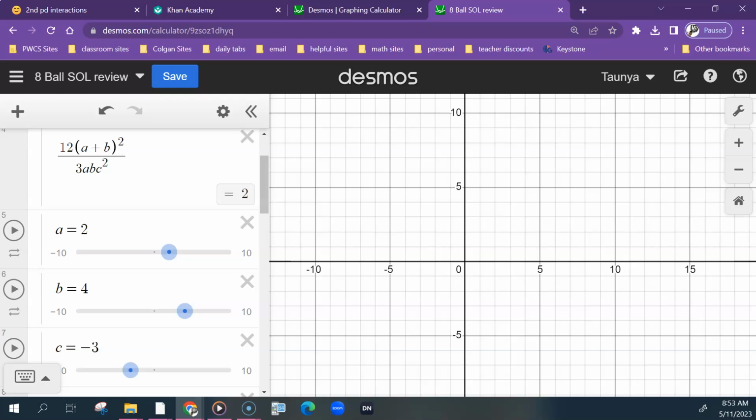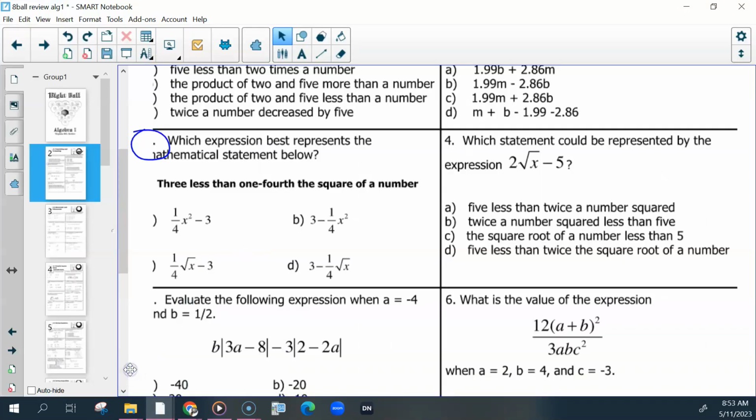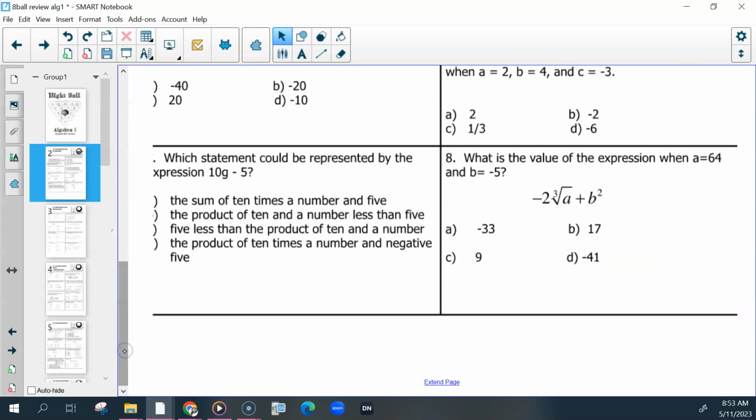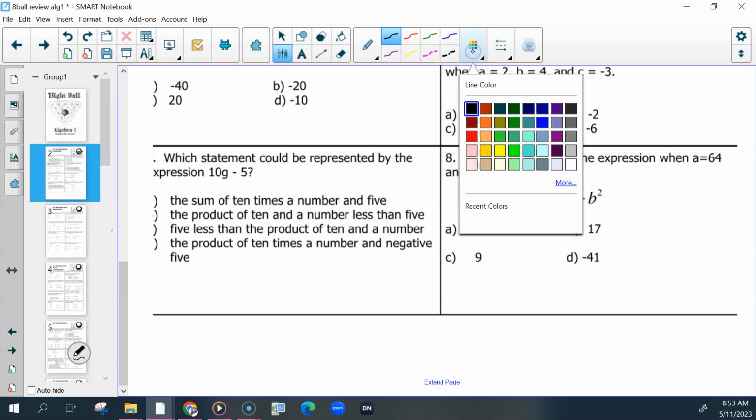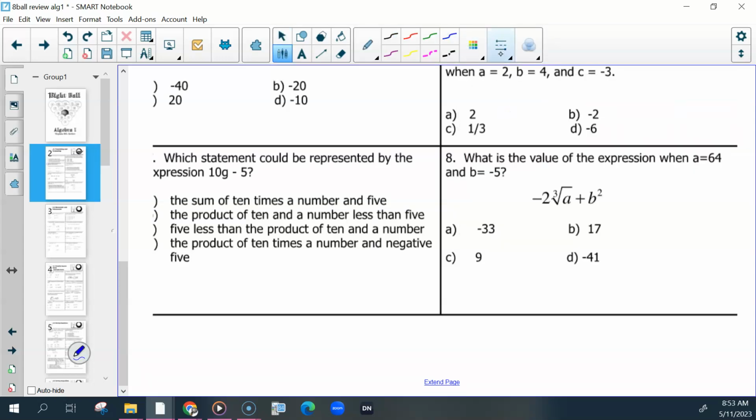On 7, what is the difference between B and C? So B, the product of 10 and a number less than 5, would be 10x.